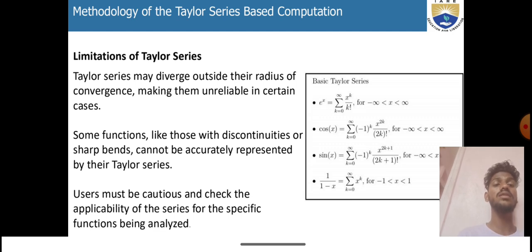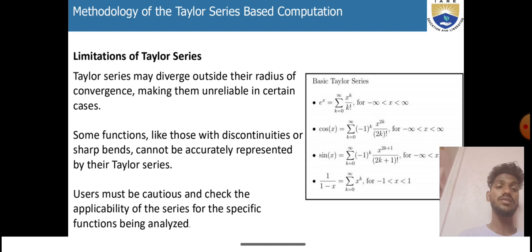Basic Taylor series: e power x equals summation k equals 0 to infinity of x power k by k factorial, for x lying between minus infinity and infinity.